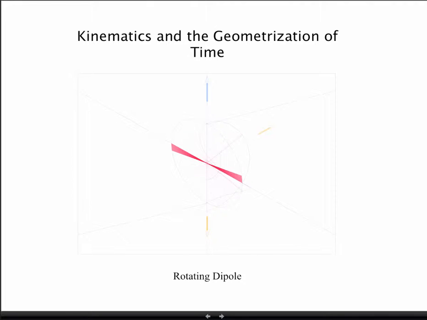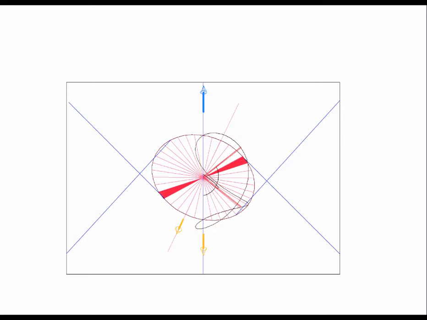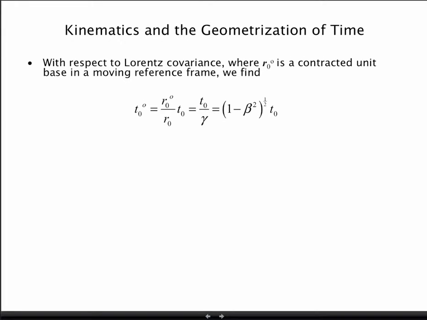The same condition represented as the rotation of a dipole orthogonal to a fixed spin axial vector. Analysis shows that this arrangement is Lorentz covariant.